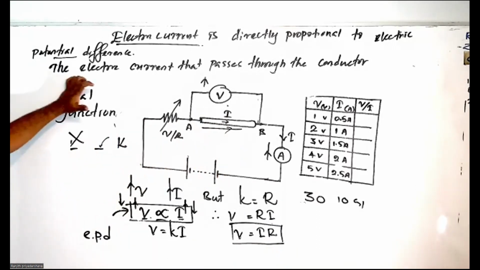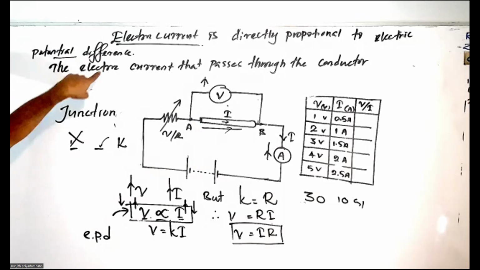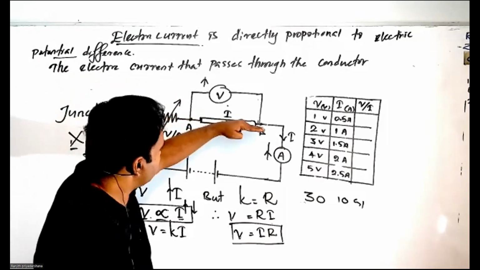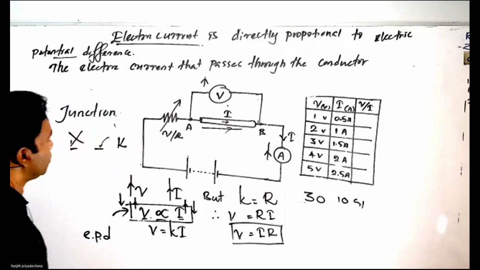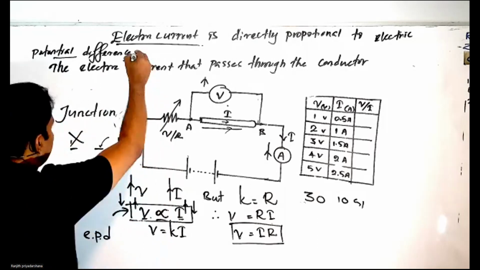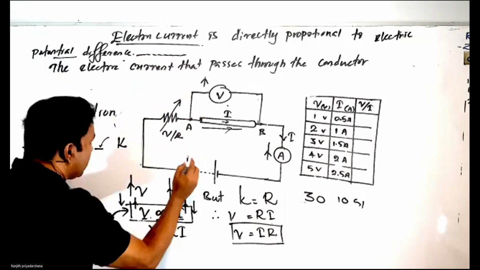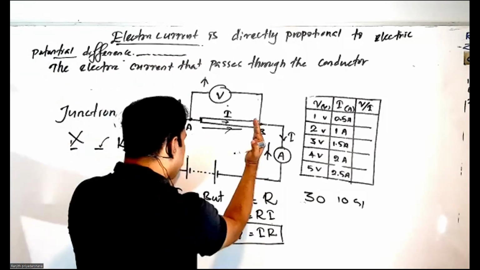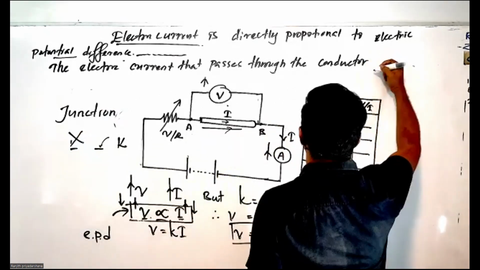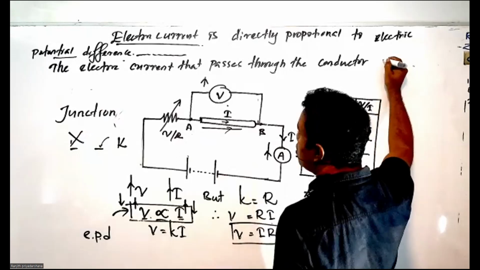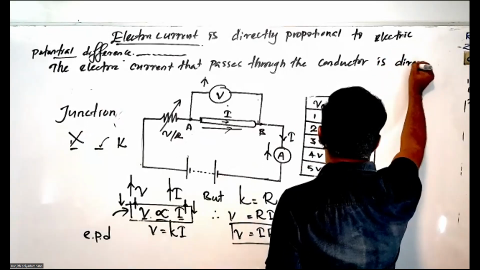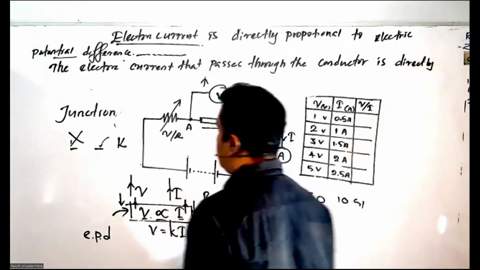So that's good. The electric current that passes through the conductor is directly proportional to the electric potential difference. Explain this a little more. Where is the electric potential difference?